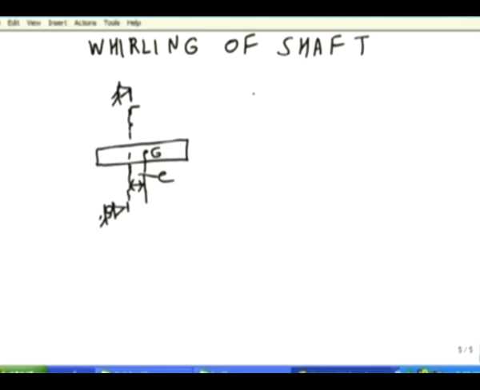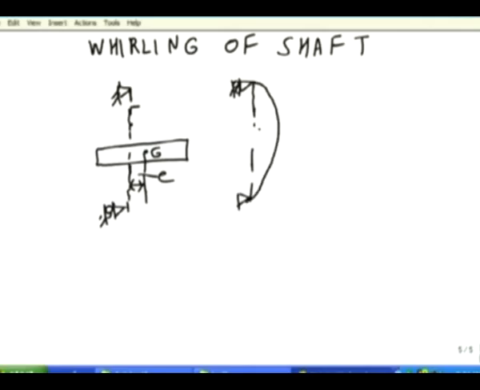So, when it is rotating, let us say this is the axis. This is simply supported in bearings. The shaft bends like this.